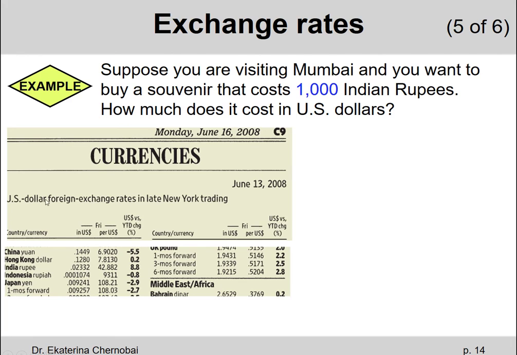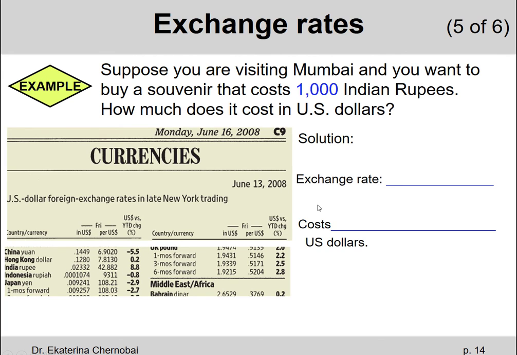Well, let's look at this table again and find Indian rupee. That's again 2 numbers. From column 1, it says 0.02332. Column 2, the number is 42.882. How do we use either one of these 2 numbers?